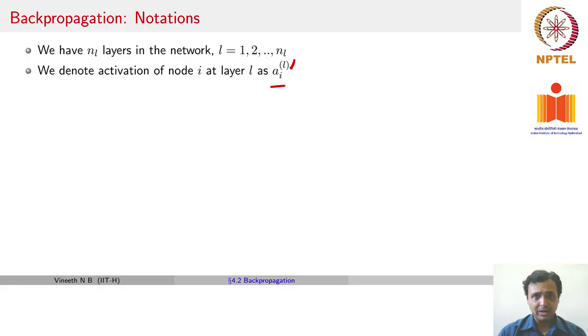Remember, every layer has a set of neurons. We are now looking at the ith neuron, which is the node i that we are talking about, and we are looking at the Lth layer of the neural network. And the activation is simply the output of that particular neuron.